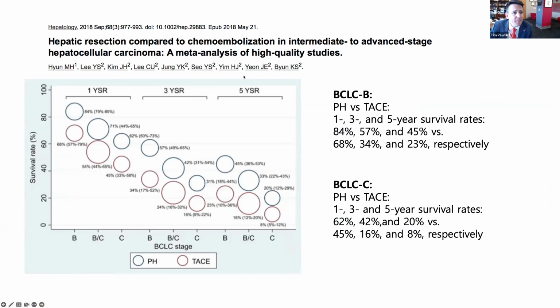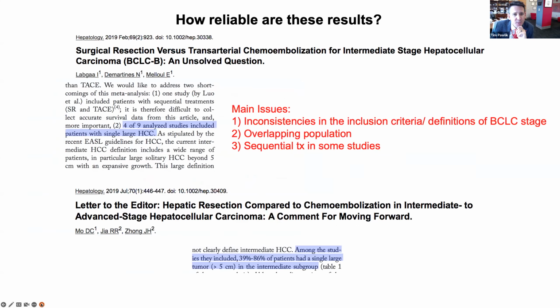If you look at this study from Korea, which looked at BCLC-B patients and compared partial hepatectomy versus TACE, you can see that patients who underwent partial hepatectomy, in the purple circles, have better 1, 3, and 5 year survival compared to patients who were treated with intra-arterial therapy.